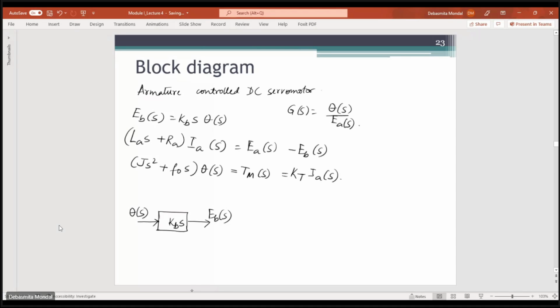Now let us see the second equation. On the right hand side there is a comparison.